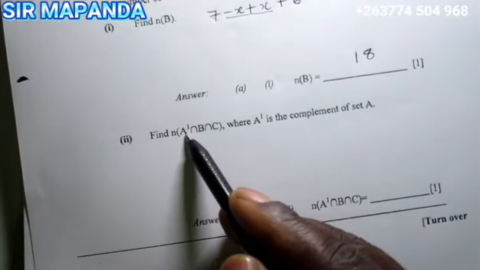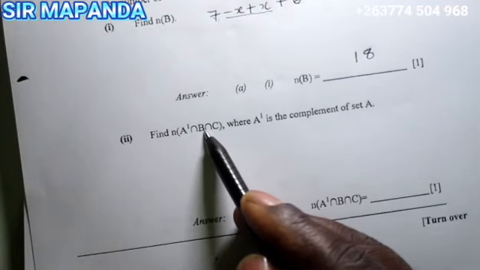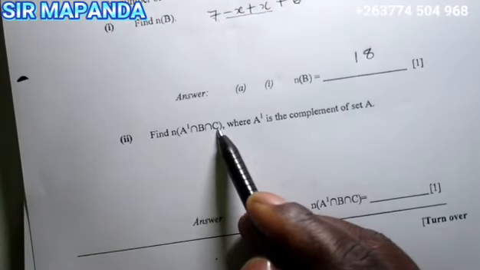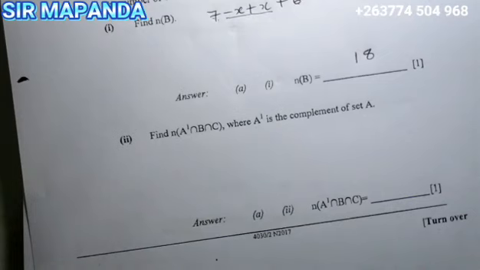Find the number of A complement intersection B intersection C, where A complement is the complement of set A. What is A complement? A complement means terms which are in the universal set but which are not part of set A. I hope you are listening, right?